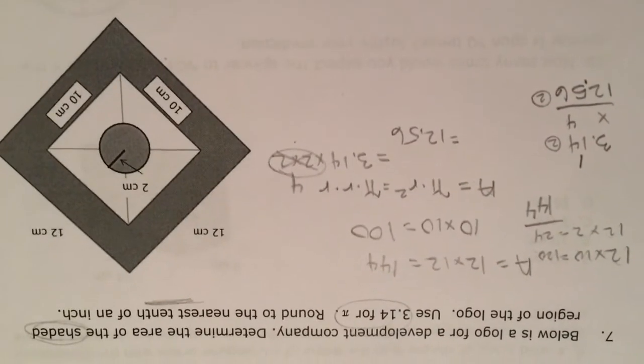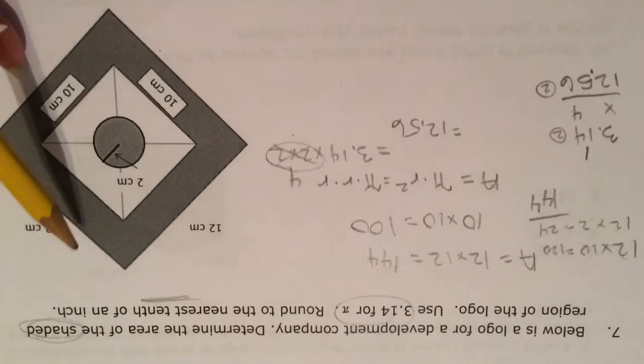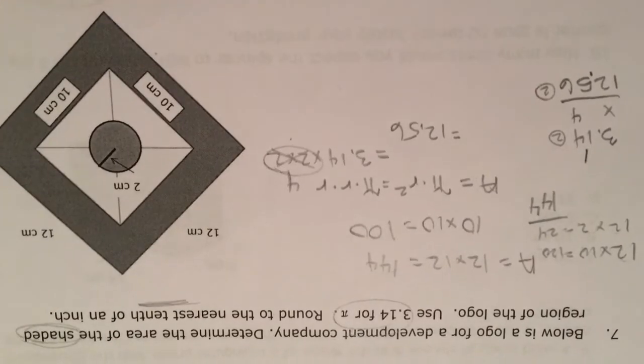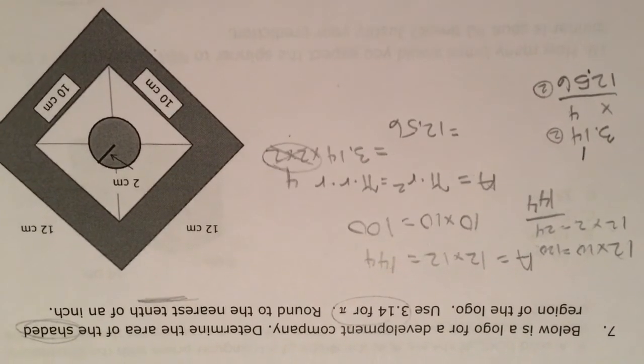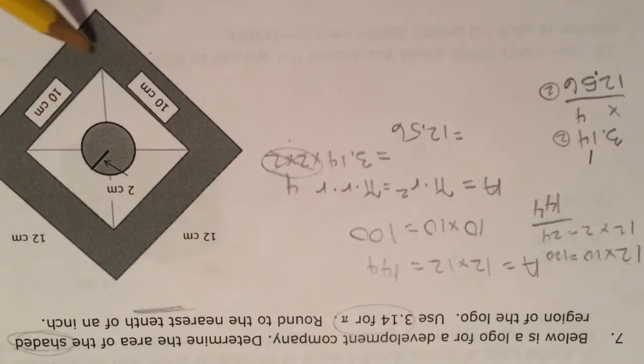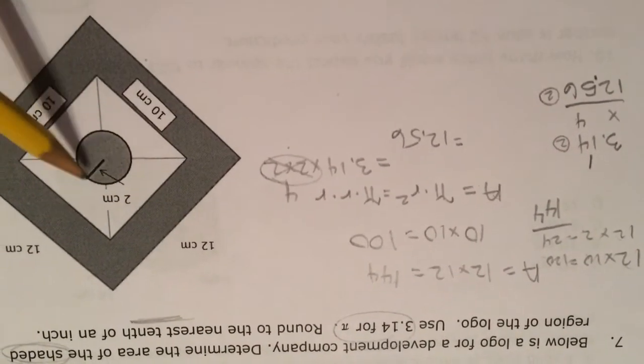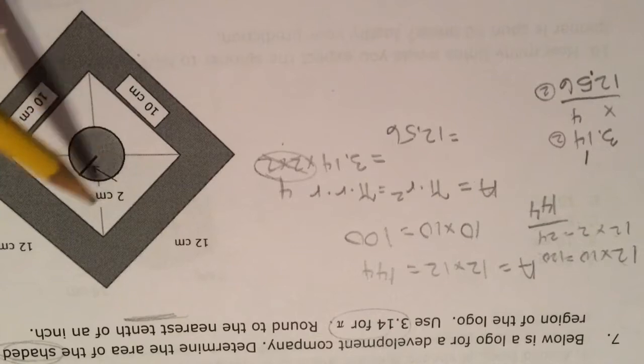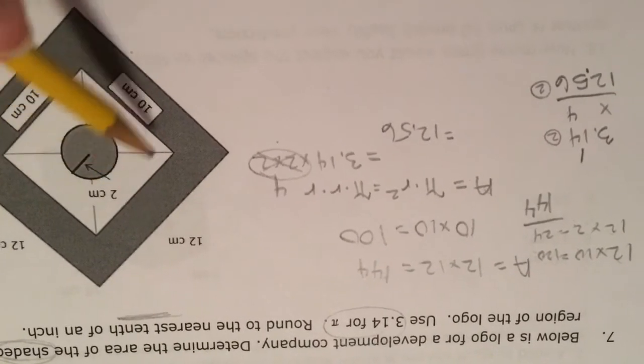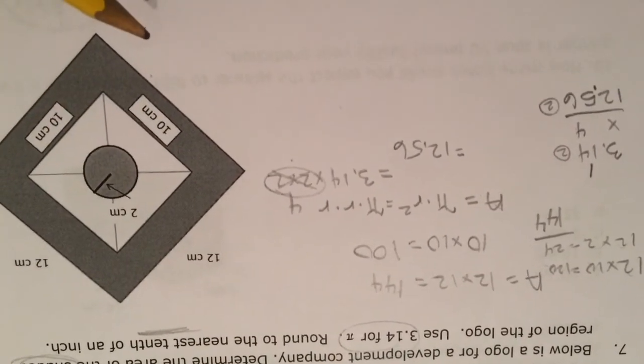All right. So it wants the area of the shaded region. Okay, shaded region. Well, the shaded part is this big square and the circle. But then I have this right here that's not shaded.